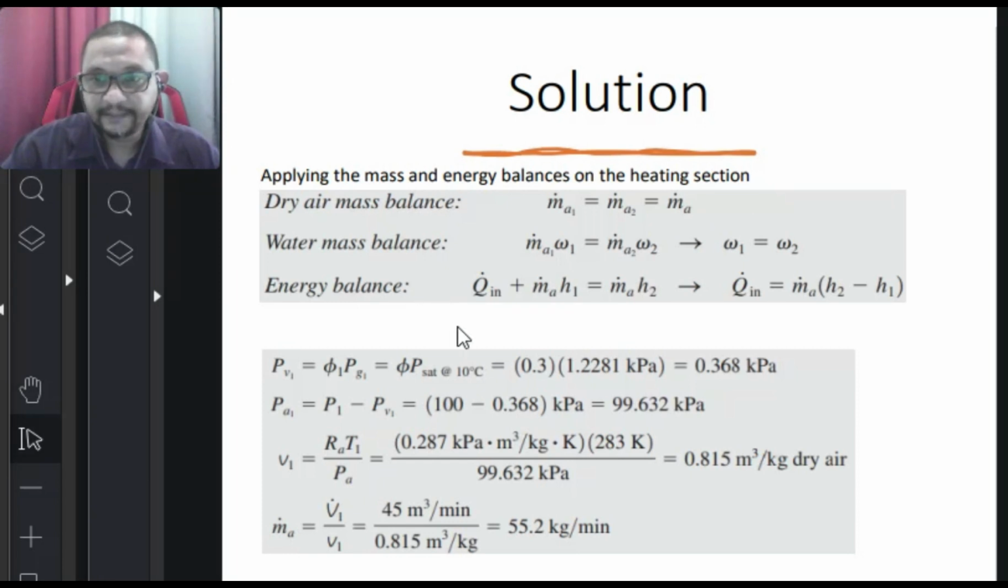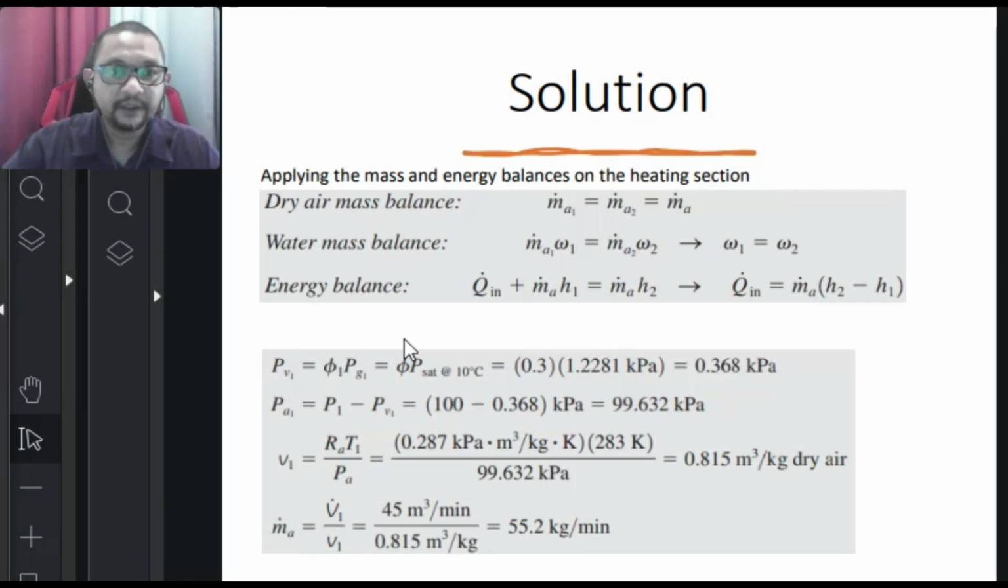Why I use this equation: because in this case the air has dry air and also moisture, and the relative humidity has been increased until it is saturated air. That's why we can use these equations.